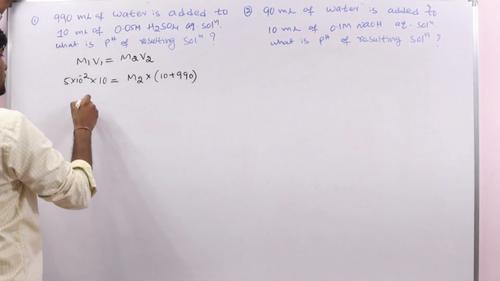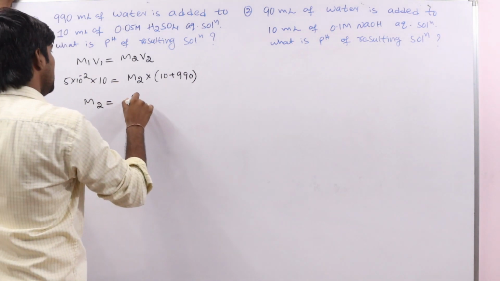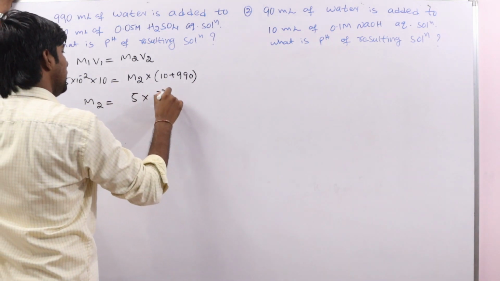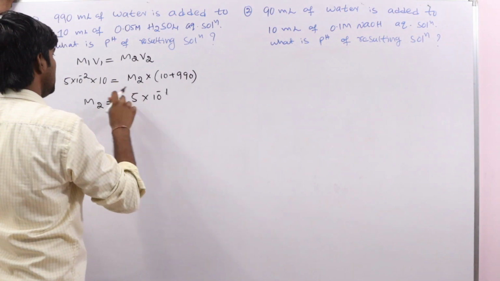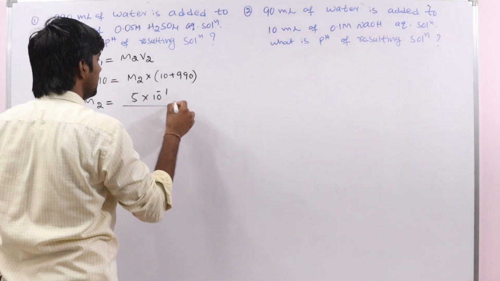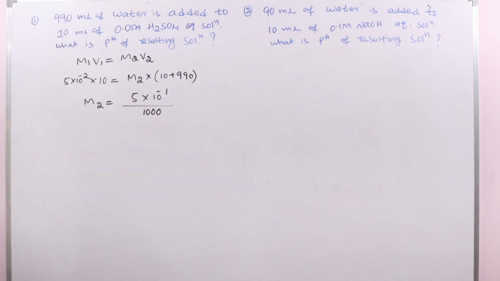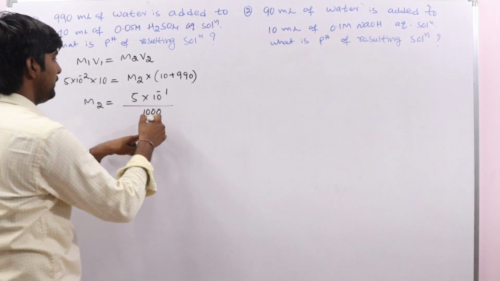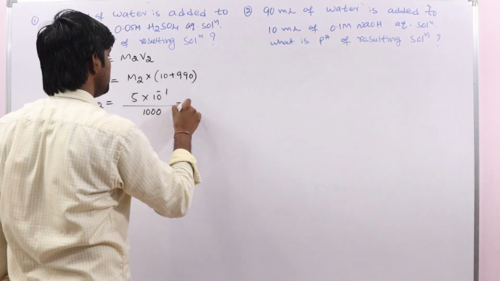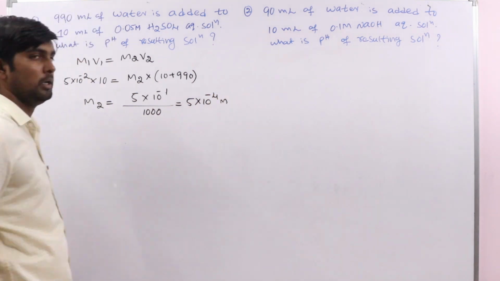Simplifying, M2 is equal to 5 into 10 power minus 1 by 1000, that becomes 5 into 10 power minus 4 molar.